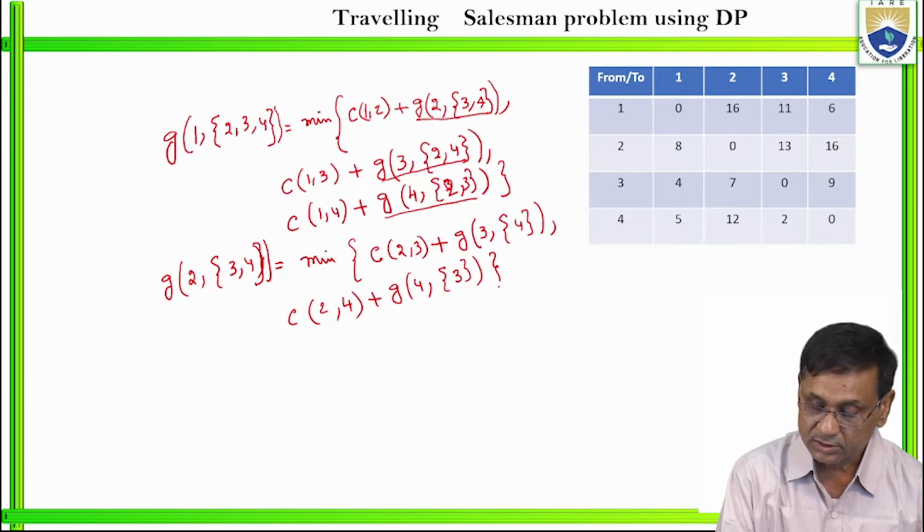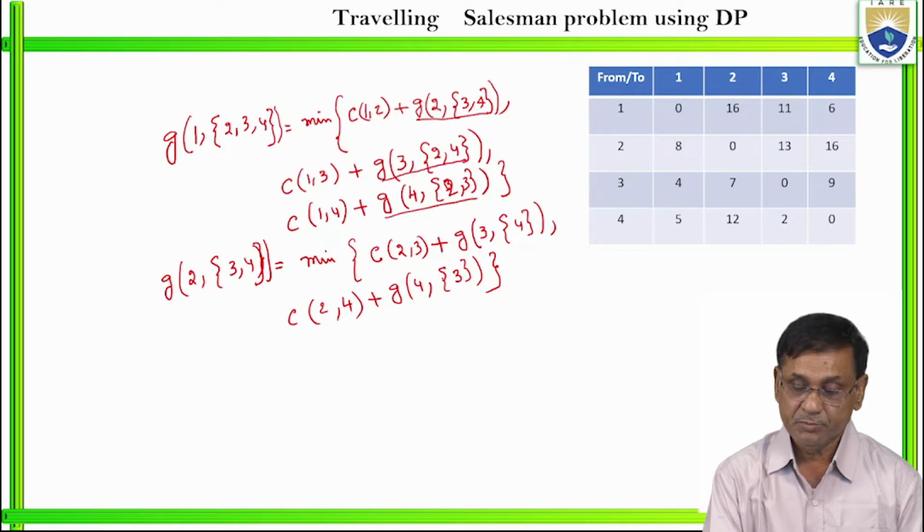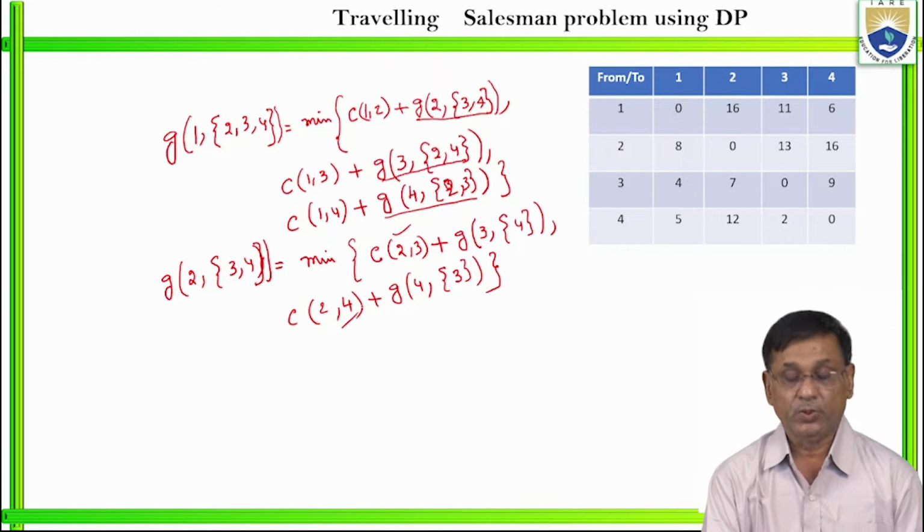In these two we have to select the minimum one, either this one or this one.